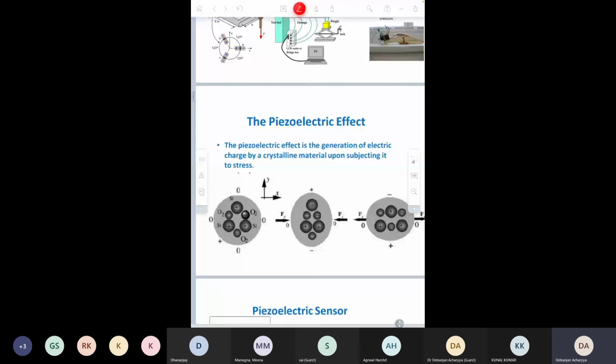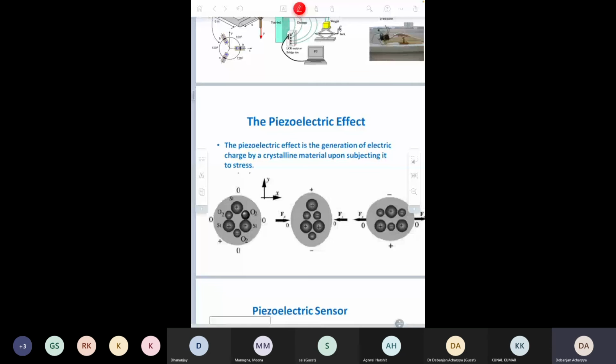There are typical piezoelectric materials, for example quartz, lead zirconate titanate (PZT), Rochelle salts and others. These kinds of materials have a typical atomic configuration which is periodic in nature, and what happens is that when you apply a force to this kind of material, what happens due to this application of force?